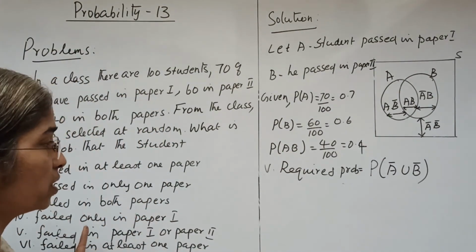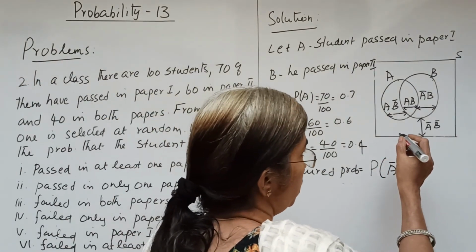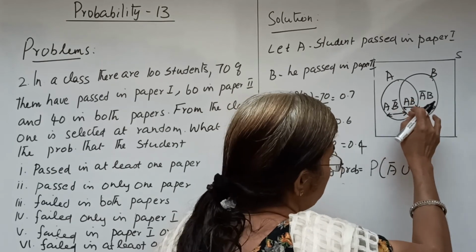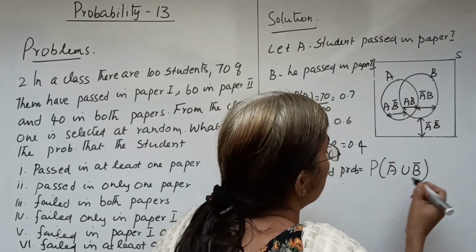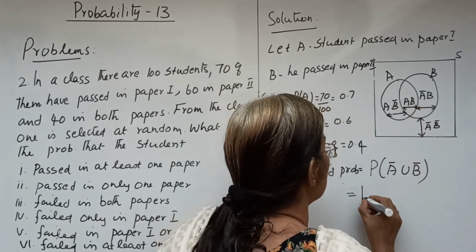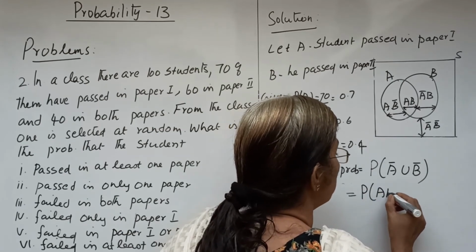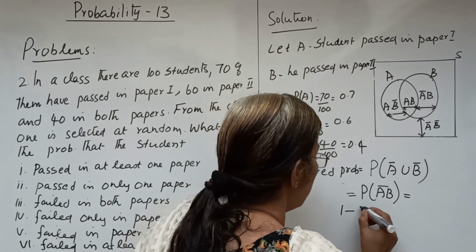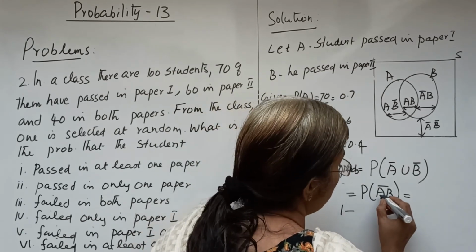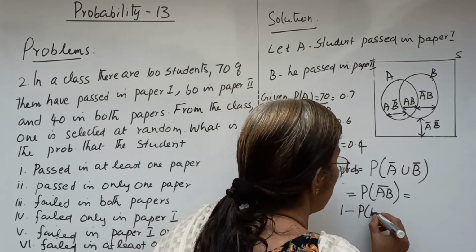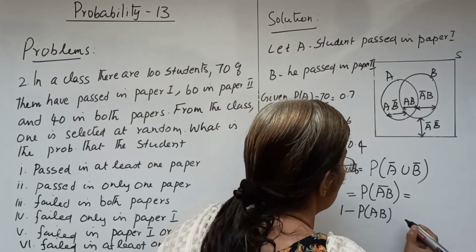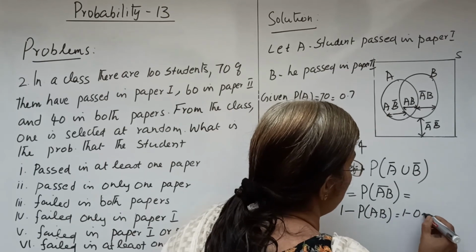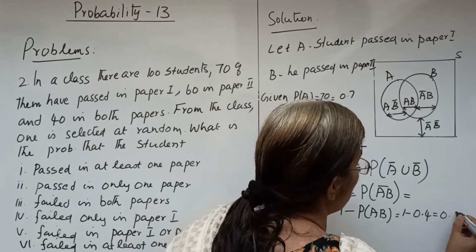So occurrence of one, we already have this one, P of AB bar. Or otherwise, by De Morgan's law this becomes P of AB whole bar. P of AB whole bar is 1 minus P of AB. So equal to 1 minus 0.4 equal to 0.6.